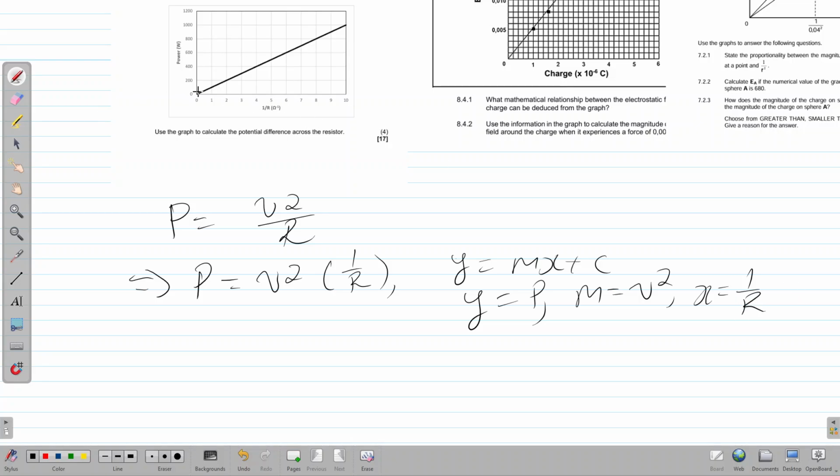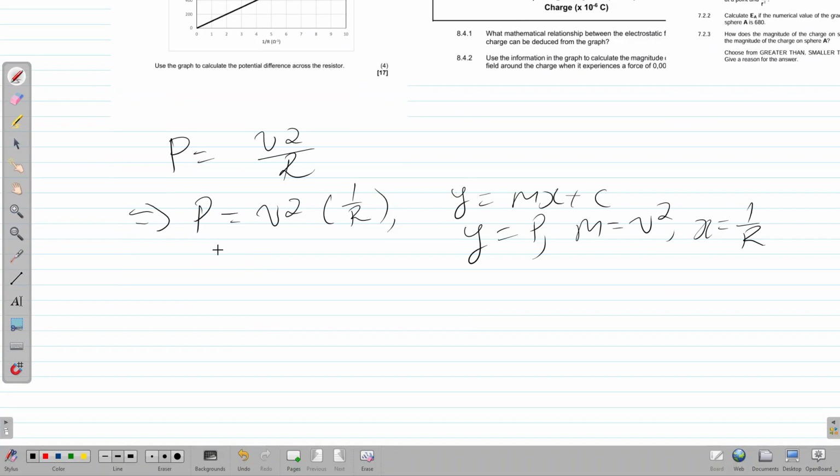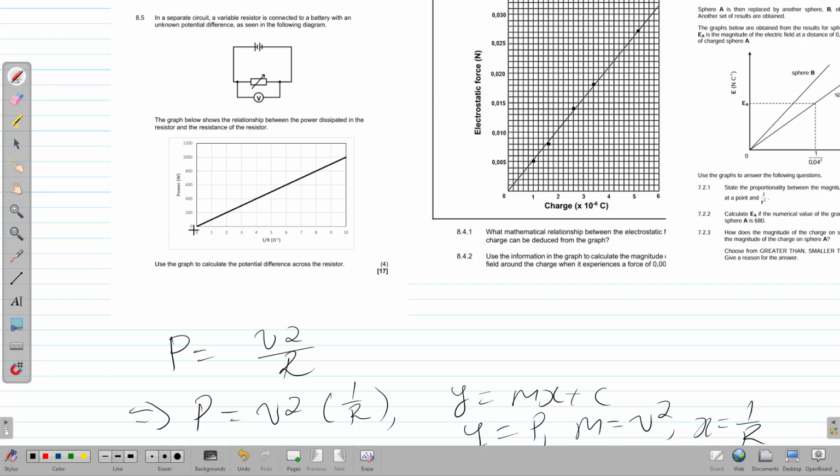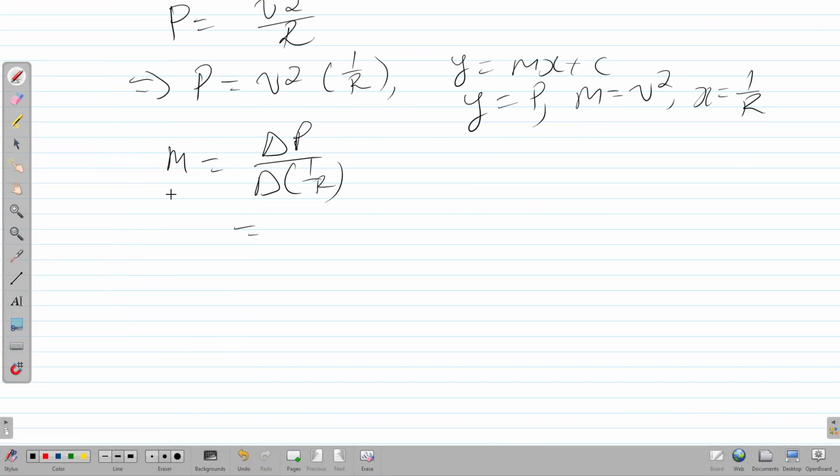Which is in the graph here. So we know that the information about potential difference is given by the gradient of this graph, power versus 1 over resistance. So we proceed by calculating the gradient of this graph, which is the change of variable on the y-axis divided by the change of variable on the x-axis. You can select any points. Since this starts from the origin, I will select the origin and any other point here.